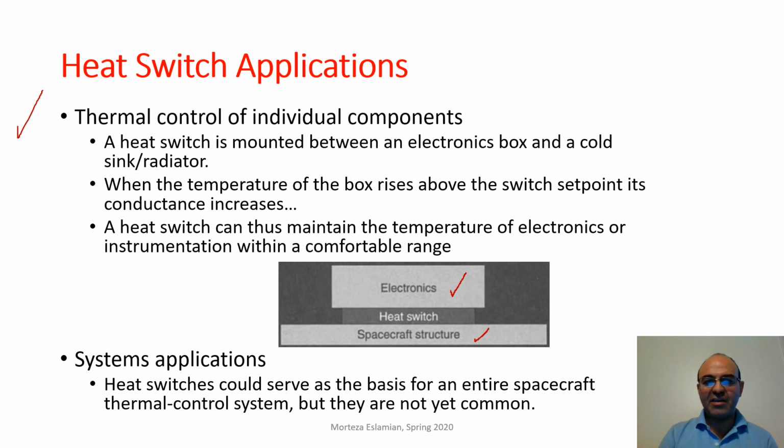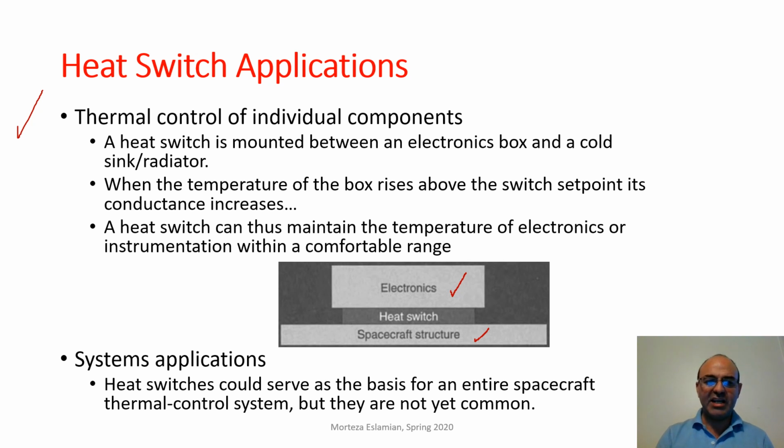When the temperature of the box rises above the switch set point, its conductance increases. Then heat can transfer to the radiator and then to deep space. So a heat switch can thus maintain the temperature of electronics or instrumentation within a comfortable, allowable range.